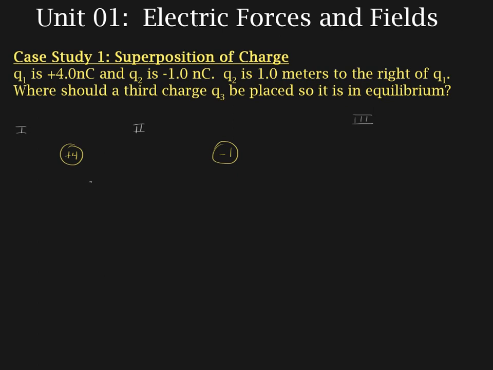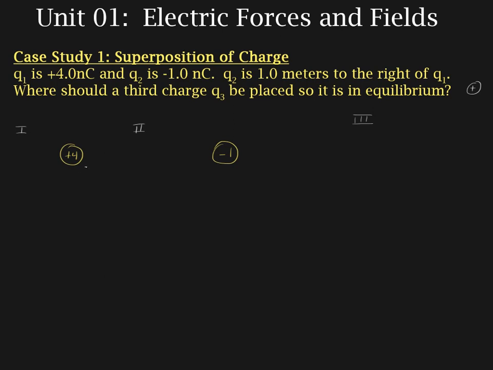If we have a positive charge, and let's just make the assumption that it's going to be a positive charge, then if we place that third charge in region 1, you'll notice that we're very close to a large positive charge and far from a smaller charge, positive or negative. In this case, it's negative.